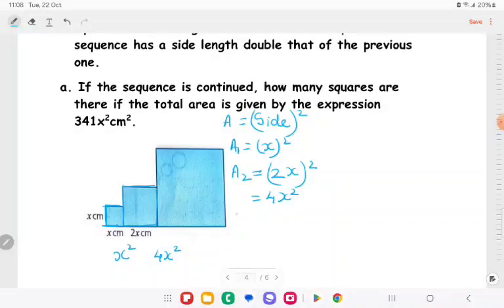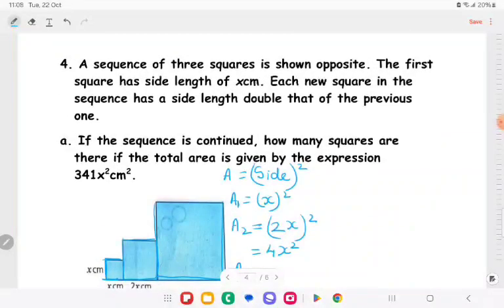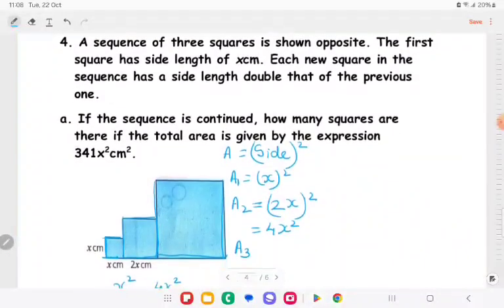Then the area of the third square, which is this one. The question says a sequence of 3 squares is shown. The first square has a side length of x. Each new square in the sequence has a side length double that of the previous one.